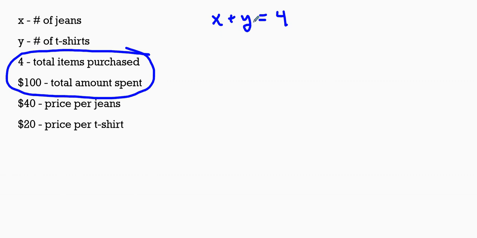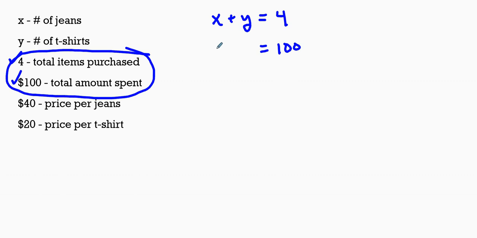x plus y equals 4. Right? So we've used the 4. Well, what about that 100? How did he get to spending $100? Again, we don't know what he spent his money on in terms of how many jeans or how many t-shirts, but we're going to check that off too.